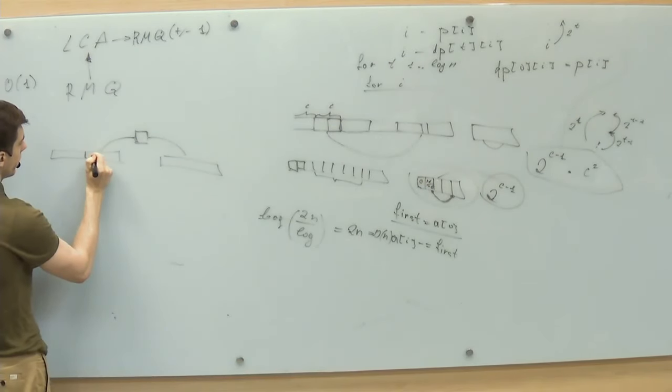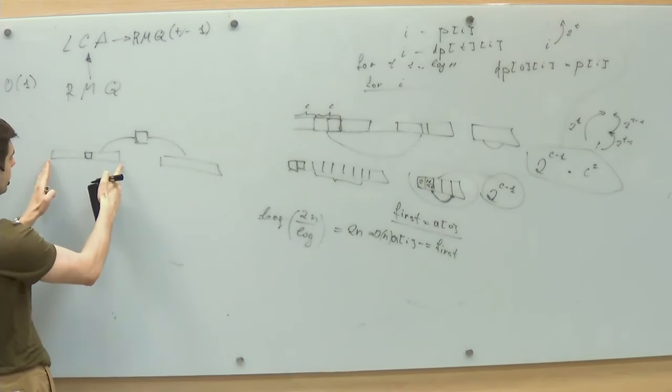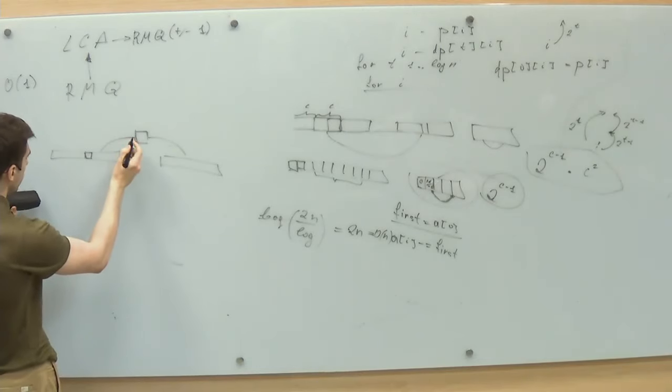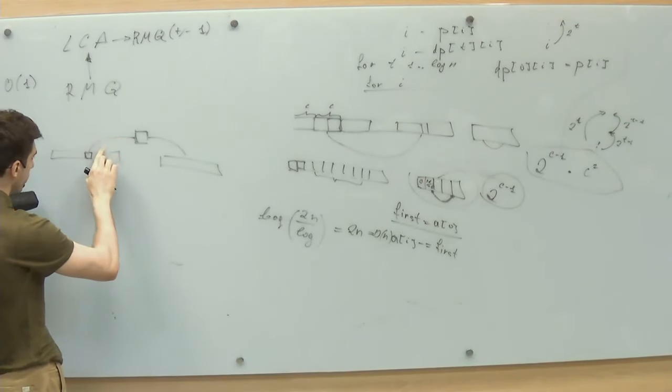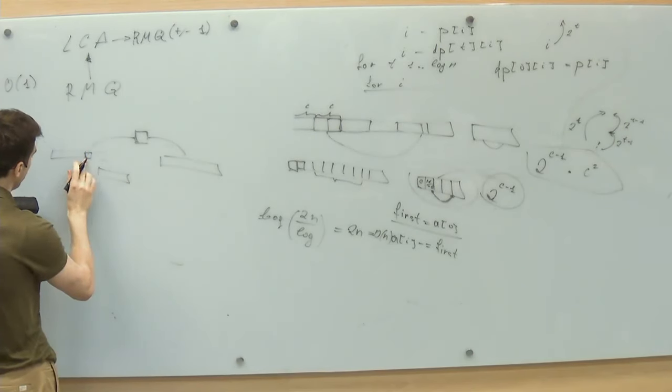So here we'll find the smallest element in this part, take this as a root of the subtree, and again we recursively construct the rest of the parts.